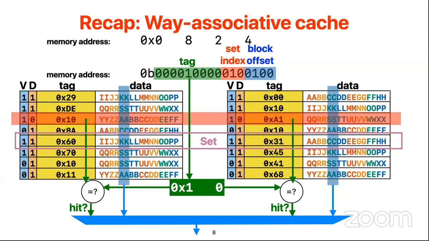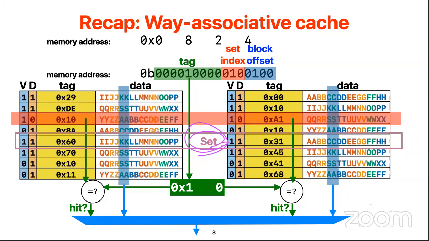Question: how do we read the block offset to select the corresponding block in the data? For example, here the block offset is 100, so it's 4. So where do we select the 4th block? No, it's the 4th byte within a block. Okay, so which block?